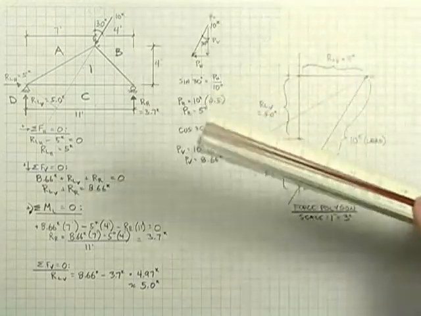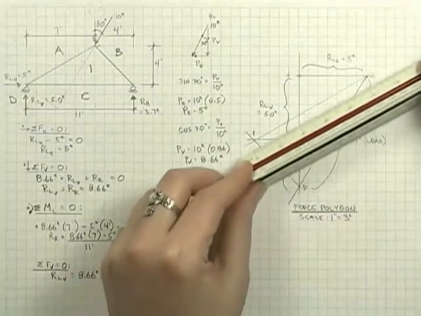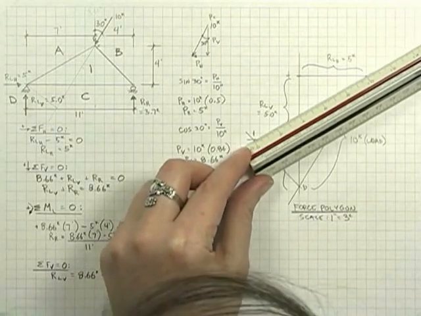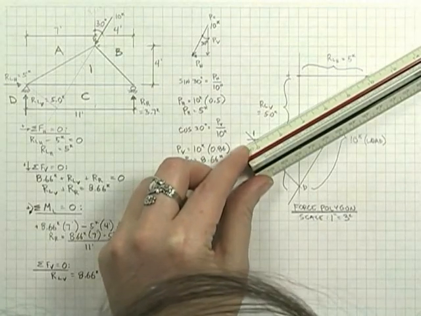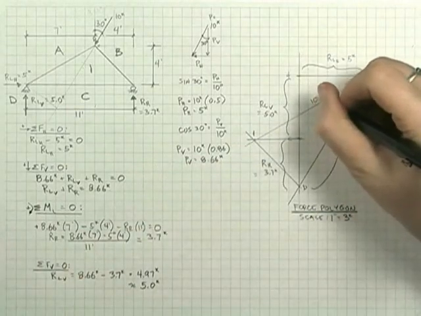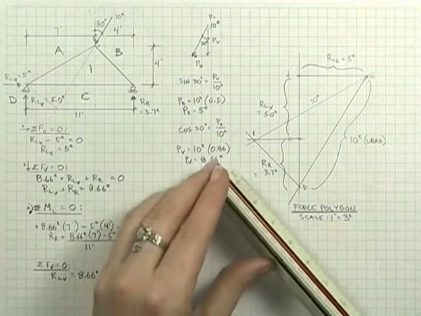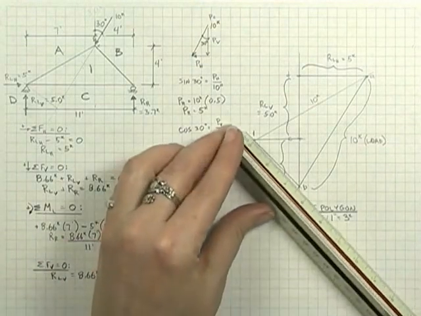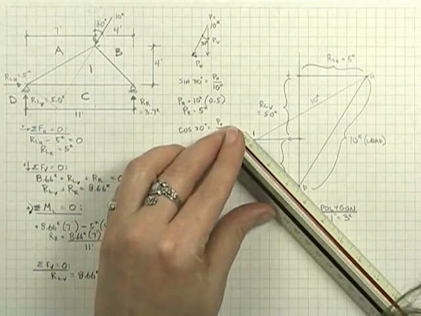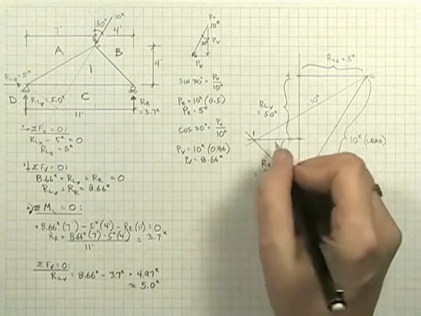So we get the resultant forces simply by scaling. Member A1 comes out to just about 10 kips. Member B1, a little bit under 5 kips. We'll say 4.9 kips.